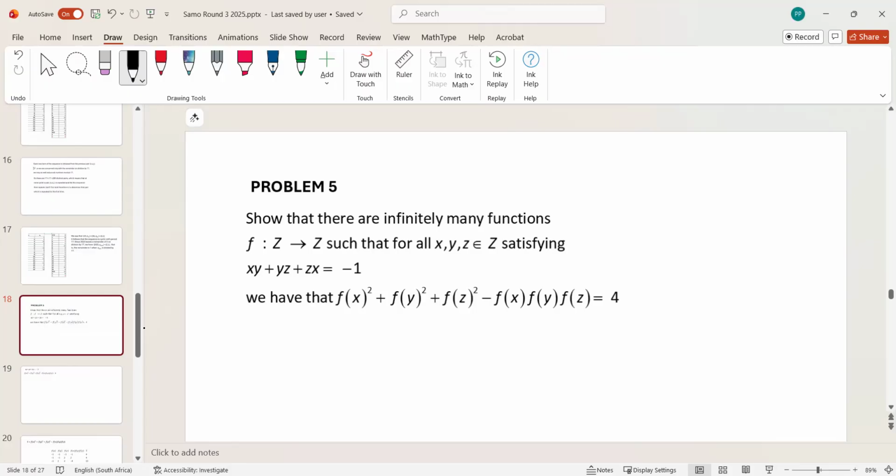But you must show that there are infinitely many functions which allow this to happen whenever that condition is satisfied. Now, look, by the time you get to problem 5, problem 6, these problems become decidedly difficult. So this is quite a complex problem.